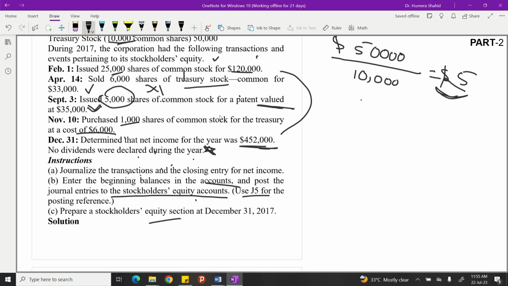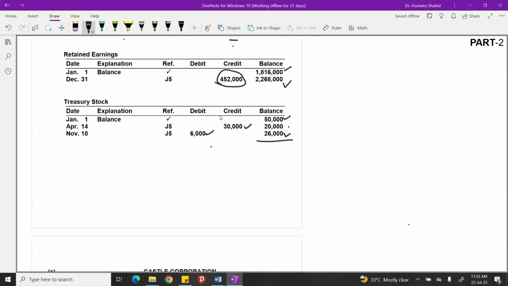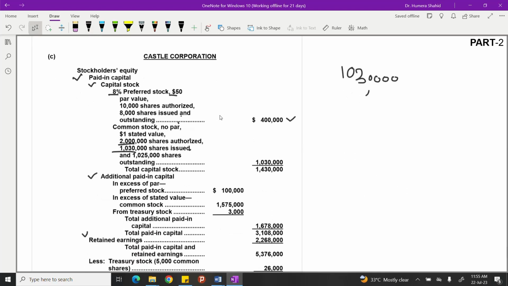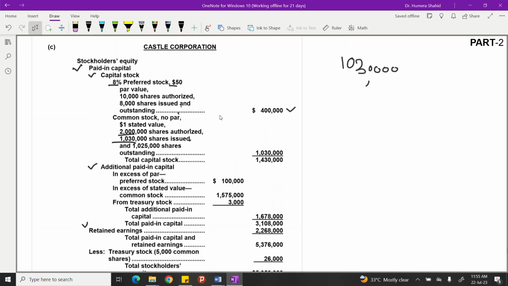You purchase them 1,000 shares, so it's also 6. Okay, 6 is the par value. So how much balance is there? 26,000. So if you divide the number with the amount, you get your treasury stock number. That is basically, if you calculate it, that becomes 5,000. Okay, so 5,000 shares outstanding, 5,000 treasury stock.